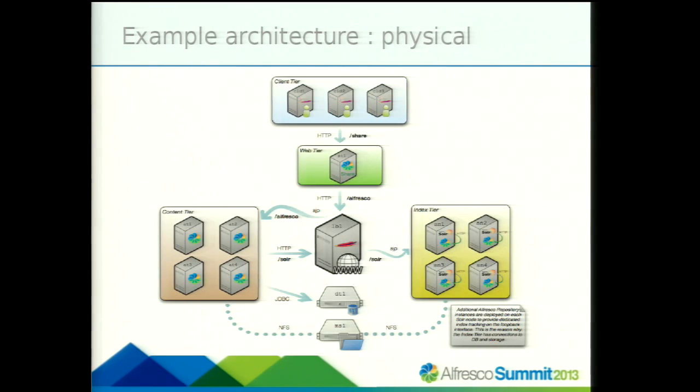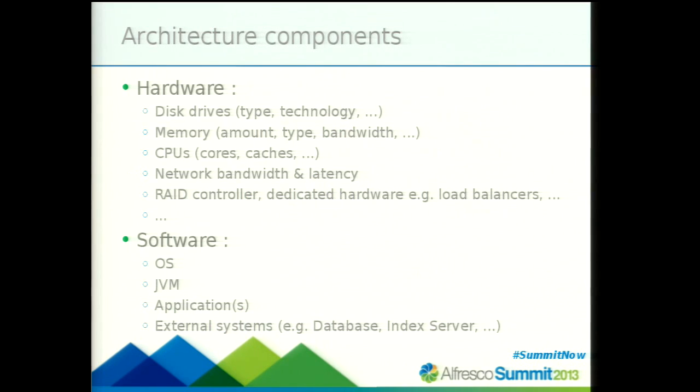And those components, if we look at it from a physical standpoint, obviously you have hardware for the clients, hardware for the load balancing, hardware for the web tier, hardware for the repository, the SAN maybe for the storage, indexing, all that stuff. So basically, we have all sorts of architecture components.